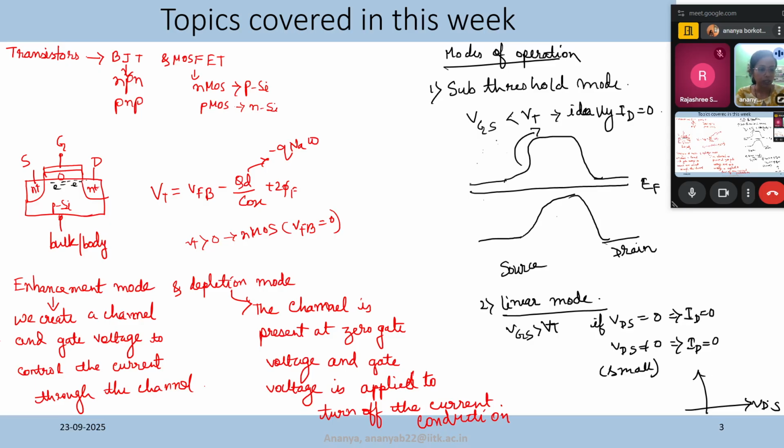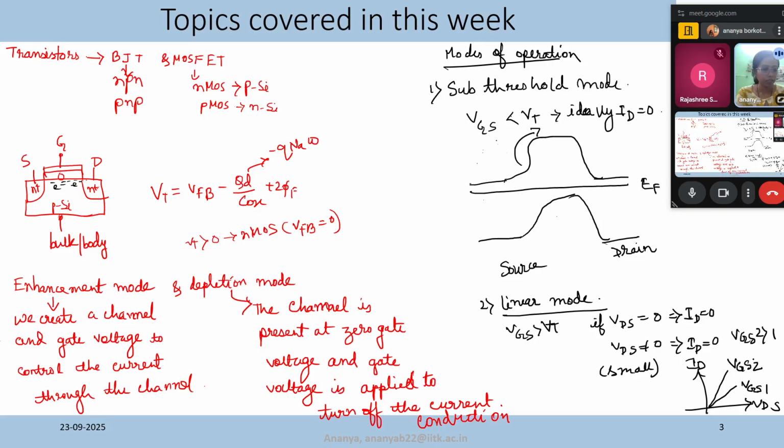Remember, this is for small VDS values. Now if we have more gate voltage, say this is for VGS1, and this is for VGS2, where VGS2 is greater than VGS1, there will be more electrons in the channel, so overall our current will be higher.